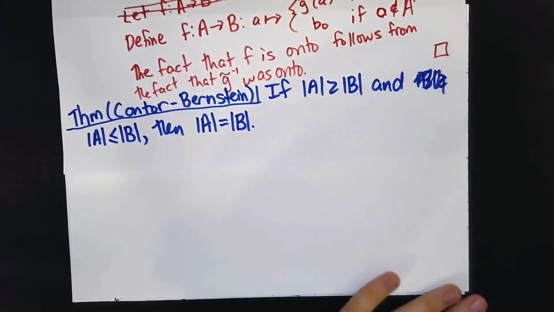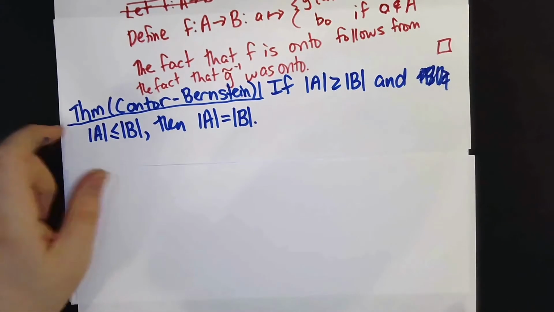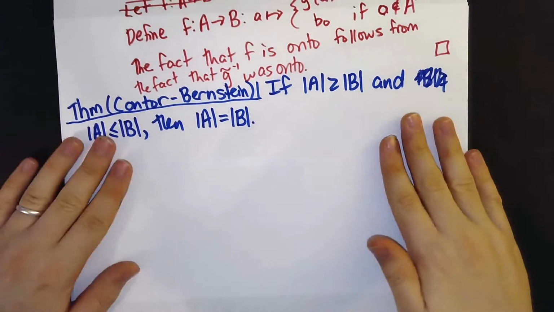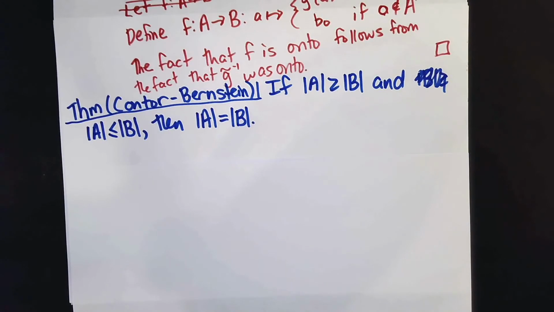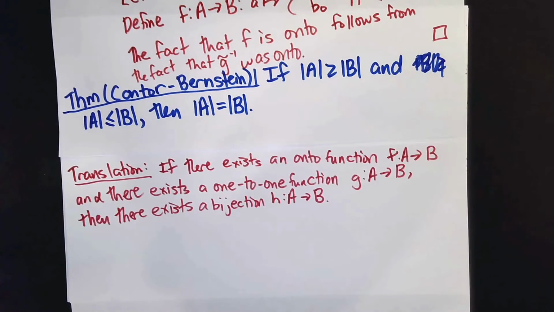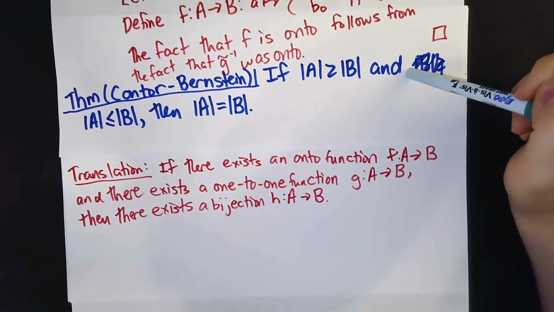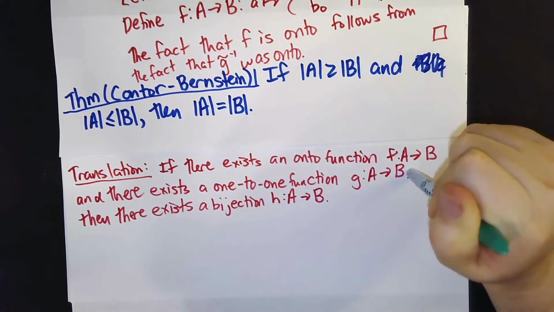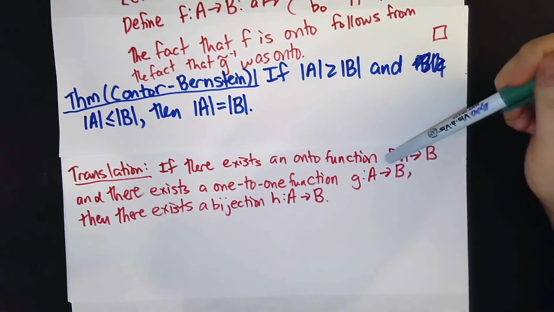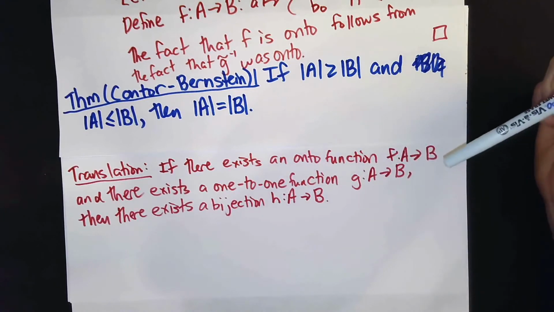So, pause real quick. Try and translate this to what this is saying about functions before I write it down. What this is saying is if there exists an onto function from A to B, and there exists a one-to-one function, A to B, then these two together imply the existence of a bijection from A to B. And while this statement looks kind of trite and obvious, this statement looks kind of terrifying, because what I have here is two functions which have opposite properties.